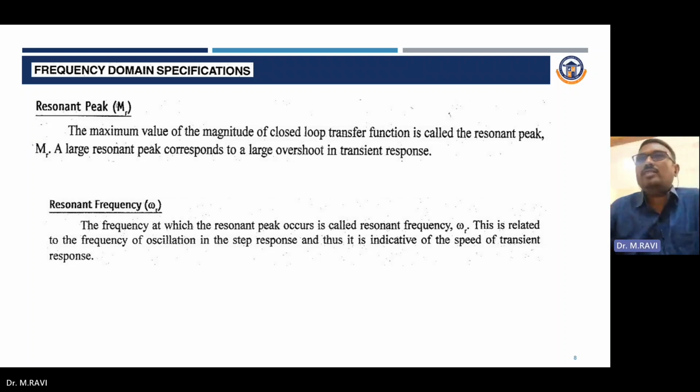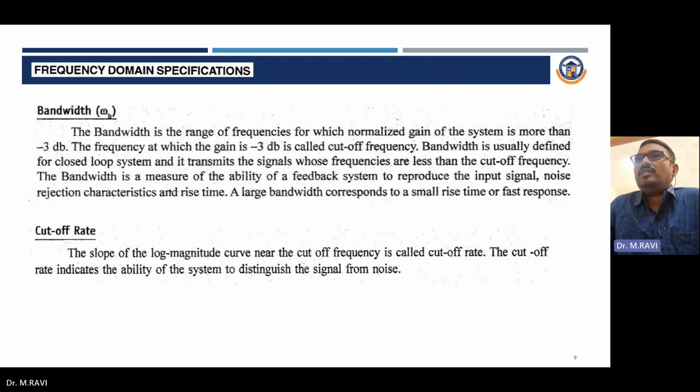Next one is bandwidth. Bandwidth is the range of frequency for which the normalized gain of the system is more than -3 decibels. The frequency at which the gain is -3 decibels is called the cutoff frequency. The bandwidth is usually defined for a closed loop system, and signals whose frequencies are less than the cutoff frequency are passed.